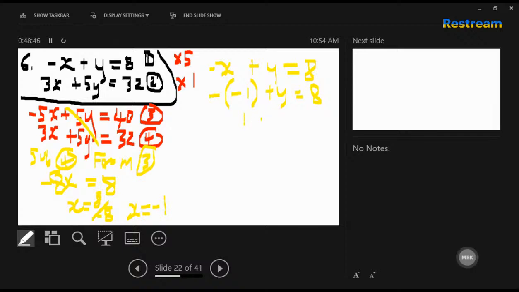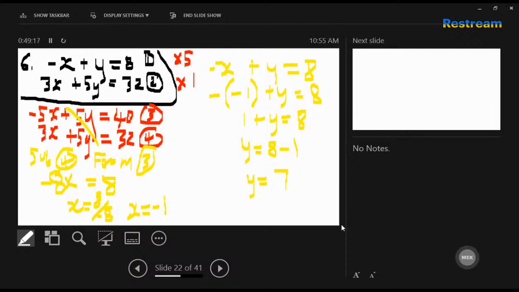So 1 plus y is equal to 8. Therefore, y is equal to 8 minus 1, which is 7. And always plug in your values to check, right? So we're saying for our solution set, x is -1 and y is 7.